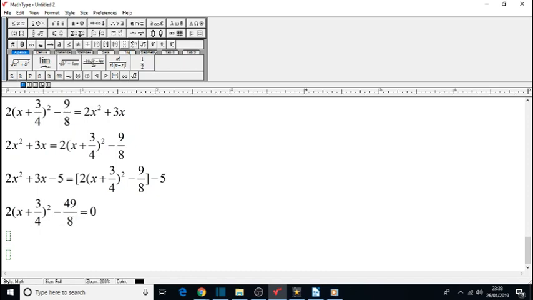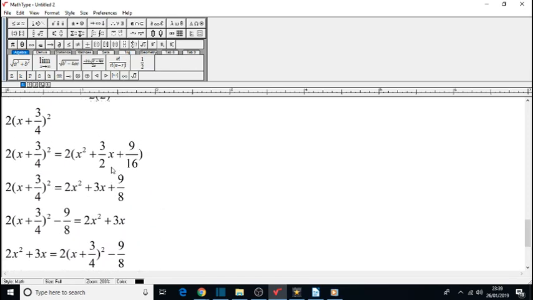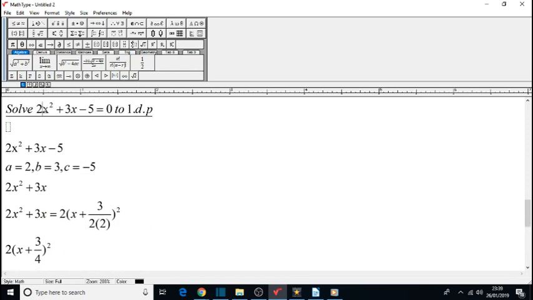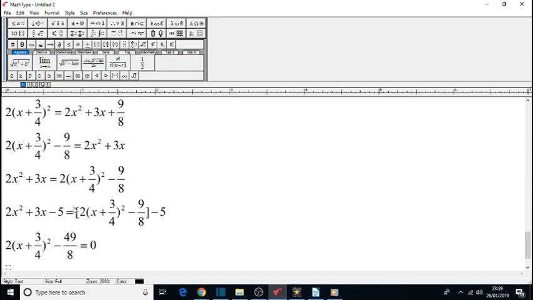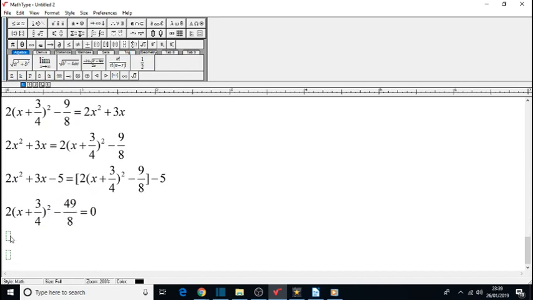But again, we're trying to solve, so we have to find the solutions. We have to find out what x is equal to, to 1 decimal place. So we are not done yet. So now we're trying to find out x. We want to get x on its own. We're going to add 49/8 to the other side.